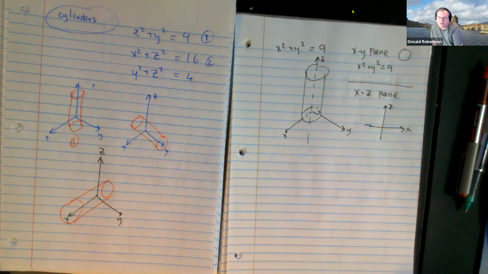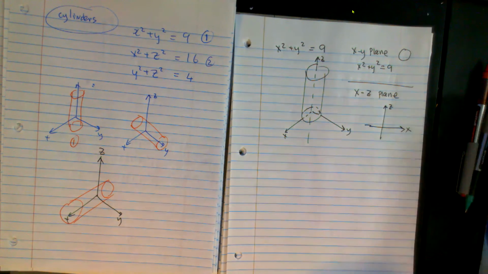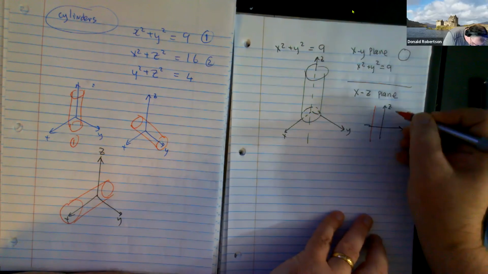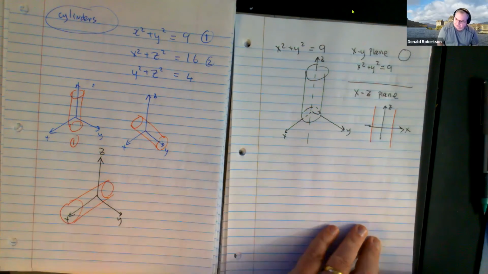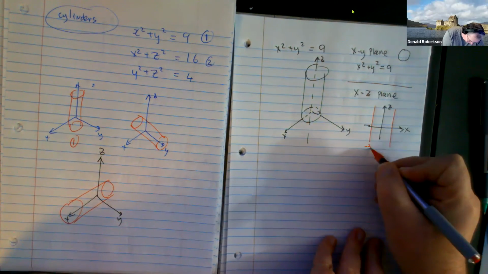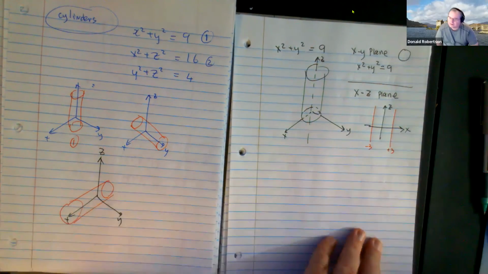What would that cylinder look like if it intersect with the XZ plane? Would it just be like an infinite rectangle? Well, if you use inside points, yes. And wouldn't these two guys be at -3 and +3? Great.